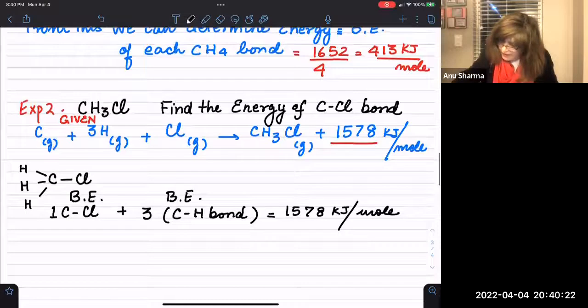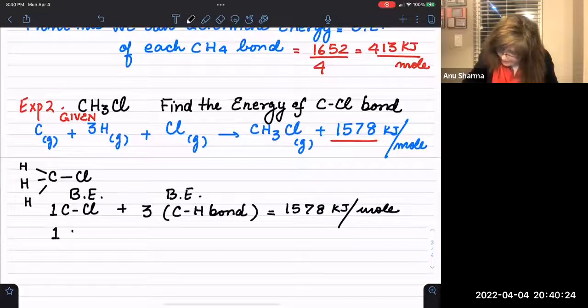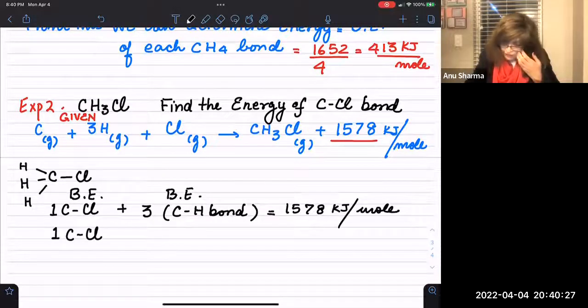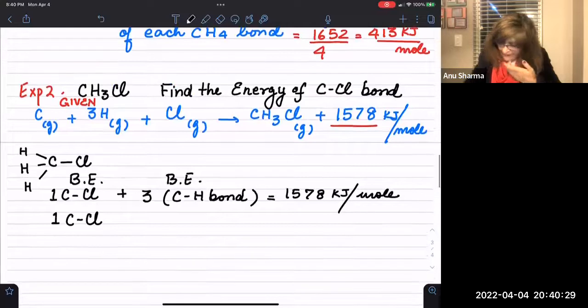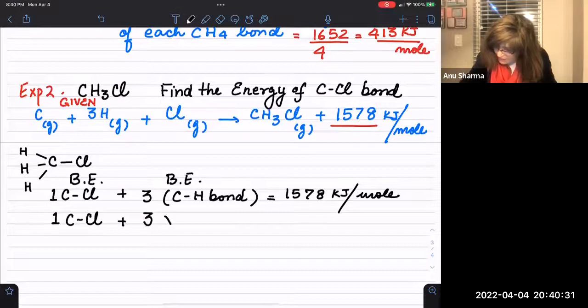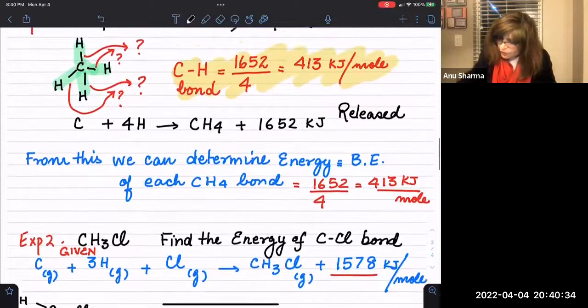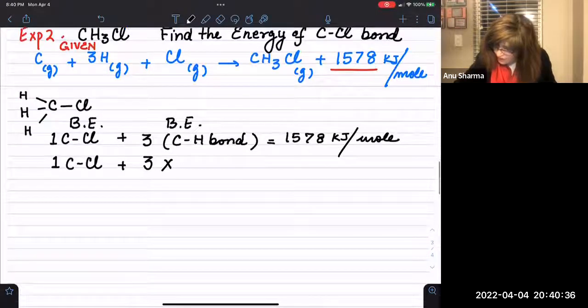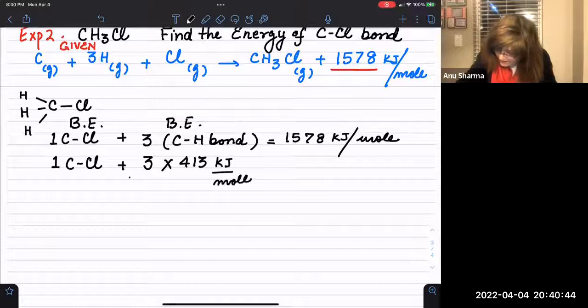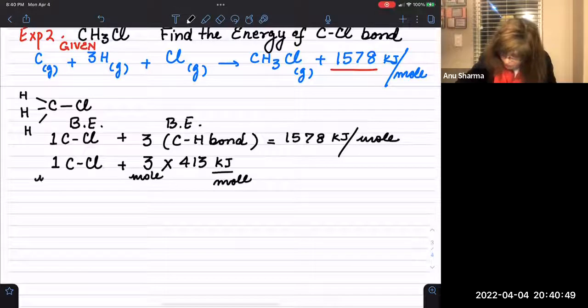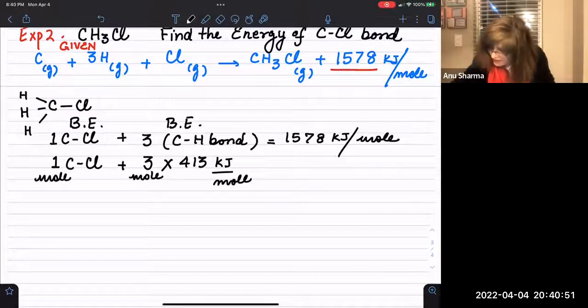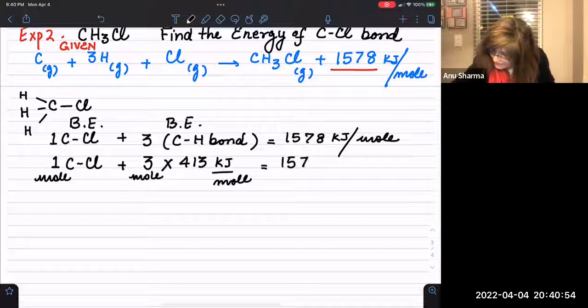Now here we have 1 CCl, this is the one we need to find out, plus 3 multiplied by the carbon hydrogen bond, which was 413 kilojoules per mole. Remember that this 3 is 3 moles, and this is 1 mole, is equal to 1578 kilojoules per mole.